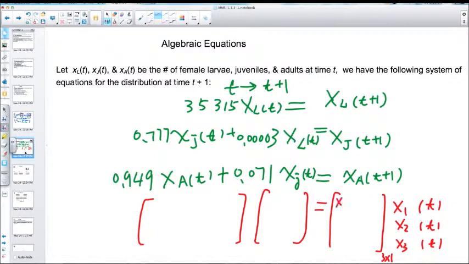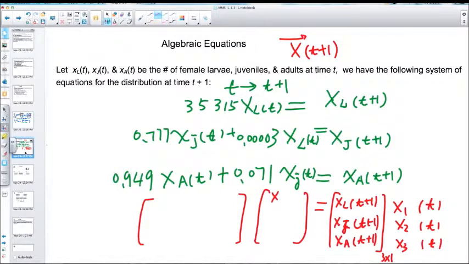This will be xL t plus 1, xJ t plus 1, and xA t plus 1. A good way to do this is to call it a vector. But it's t plus 1. Well, then this one will be xLt, xJt, xAt.